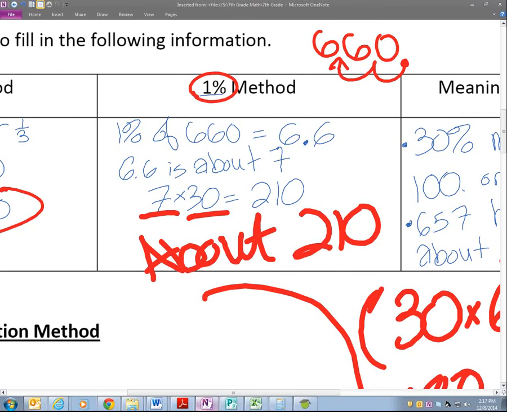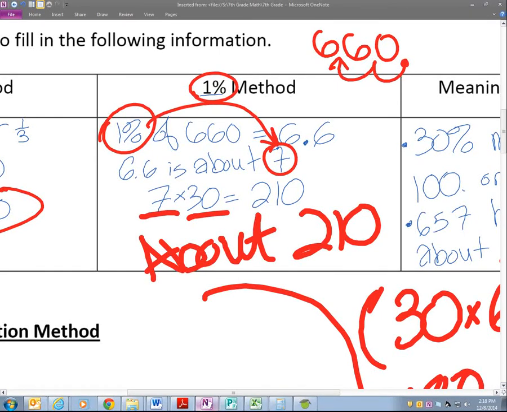And 6.6 is about 7. Now this one we're starting to get kind of far away from where we're going with it. Now here's the trick with this one. We found that 1% is about 7. Do you agree?